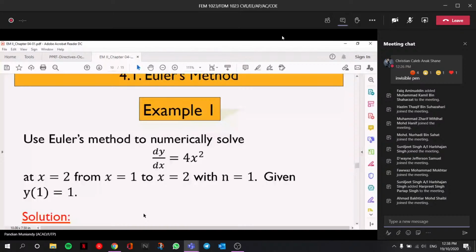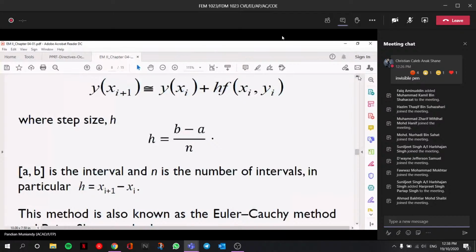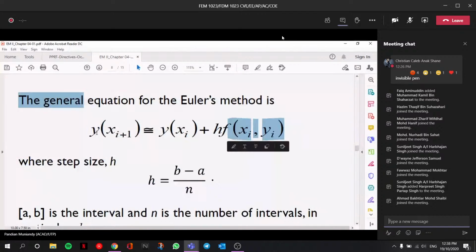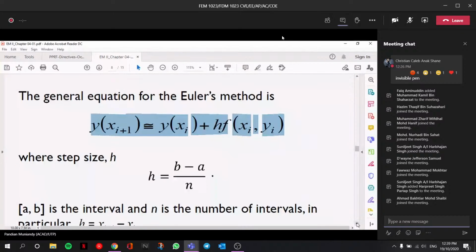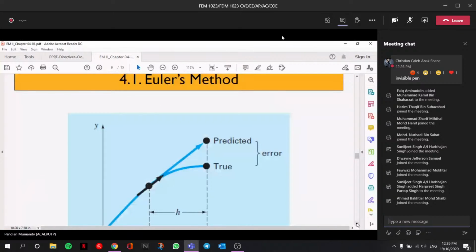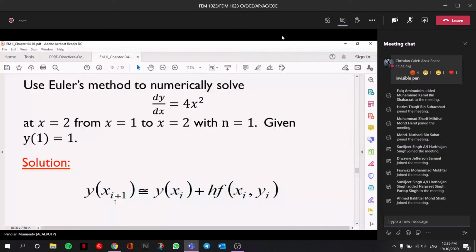So your f(x,y) is dy/dx. This is 4x squared. You compare this one with this one. So this is the equation we're going to use. How do we calculate? Basically, all these are calculations. So y(x(i+1)): in fact, you must memorize this equation. Without this, we cannot do.